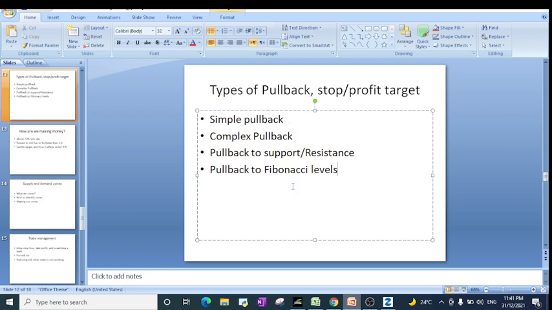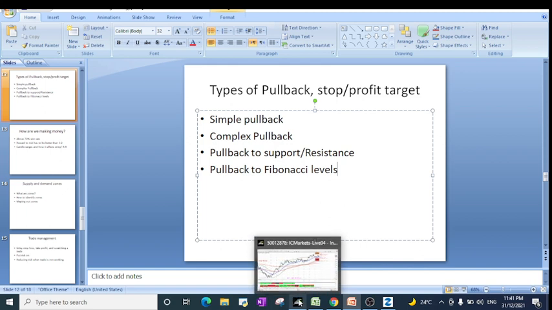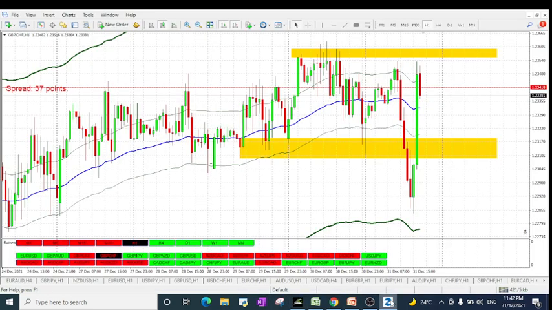Simple pullback is essentially when, I will show you what it looks like in a chart.